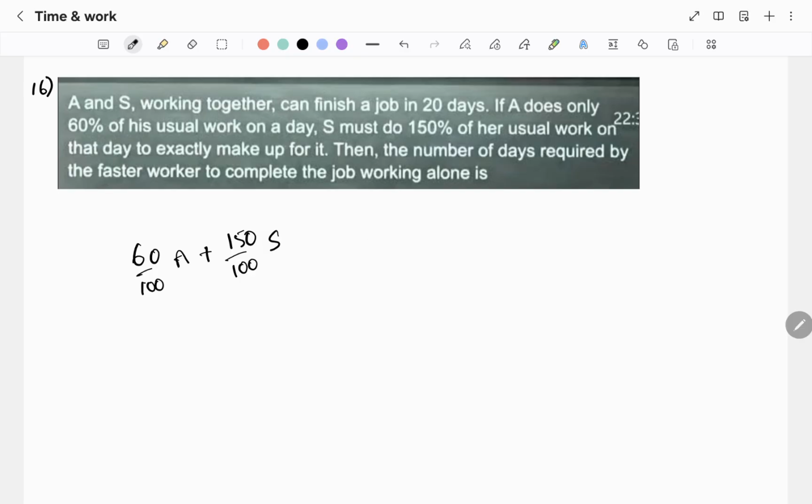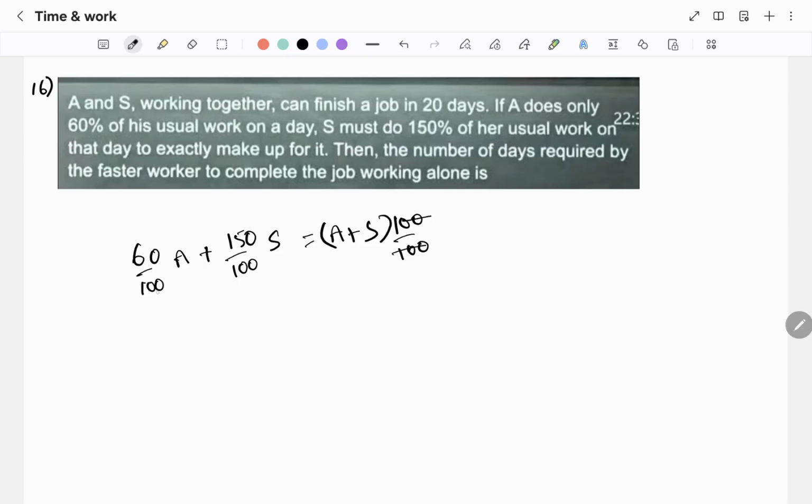The meaning is that it is equal to A plus S usual work. Okay, 100% of the work means 100 by 100 will be cancelled.